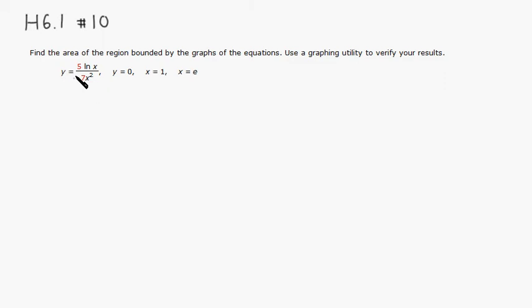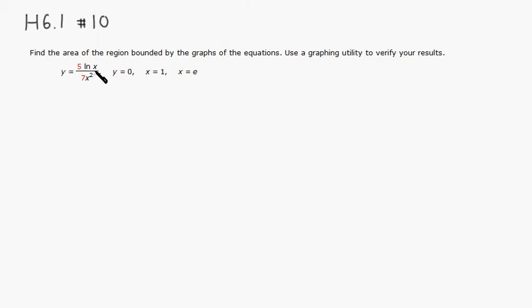So you have y equals 5 natural log of x over 7x squared. The denominator is always positive, and it looks like x is going between 1 and e. Natural log of 1 is 0, but anything bigger than that is positive. So this is never negative. And then we're looking at the x-axis.